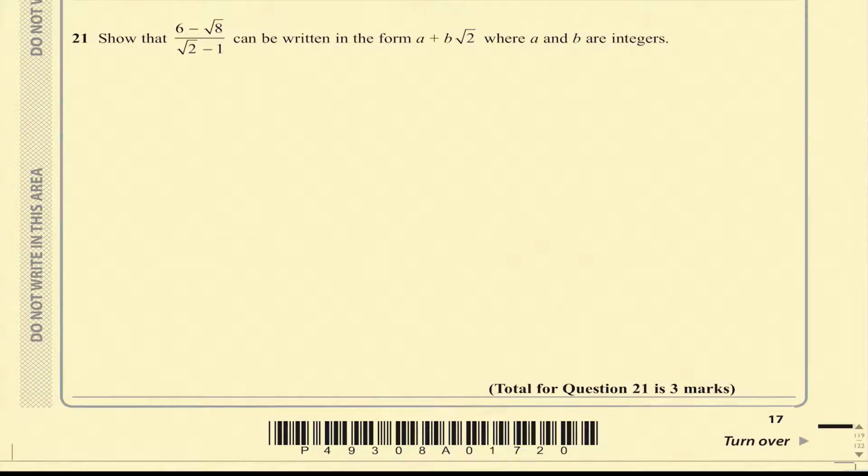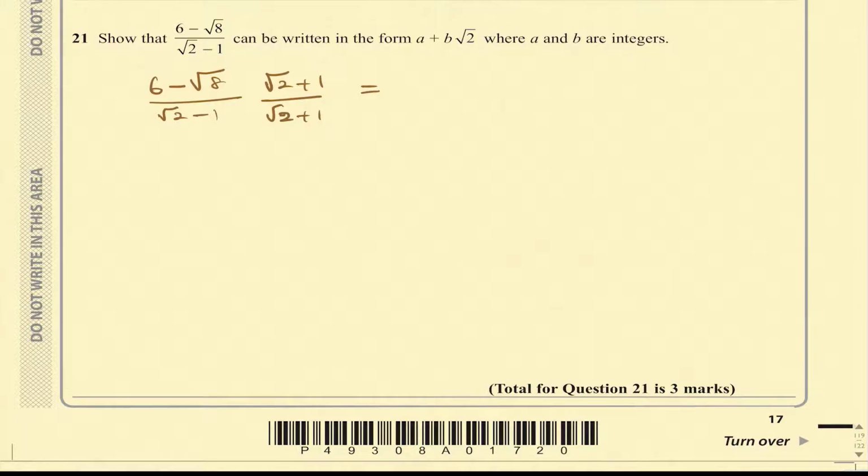We need to rationalize the denominator in this case. So I've got 6 minus root 8 over root 2 minus 1. Rationalizing the denominator means multiplying top and bottom by the conjugate of the denominator, which is root 2 plus 1 over root 2 plus 1.